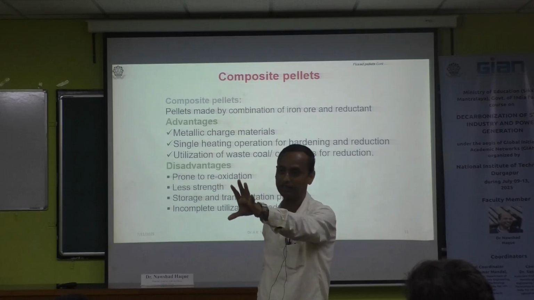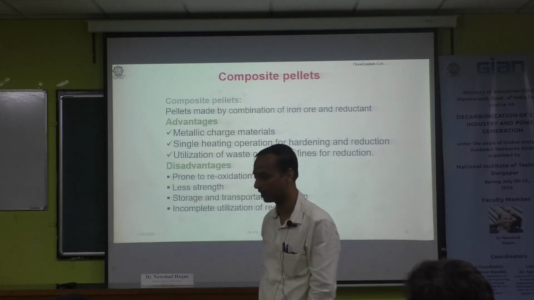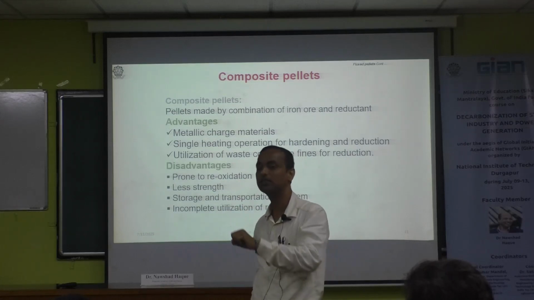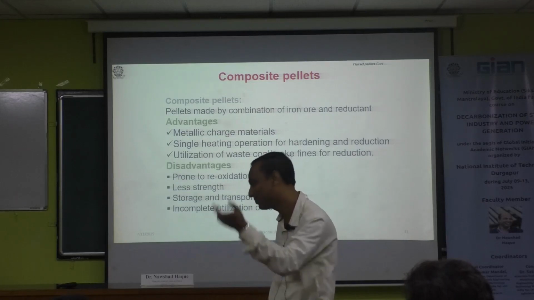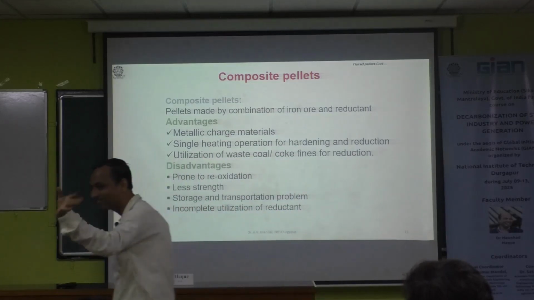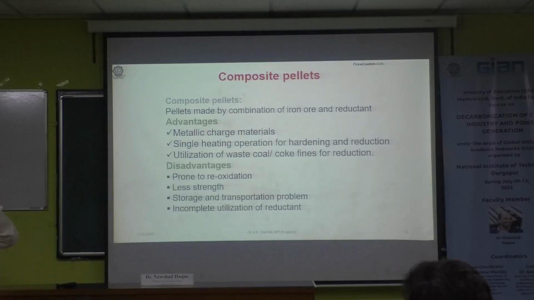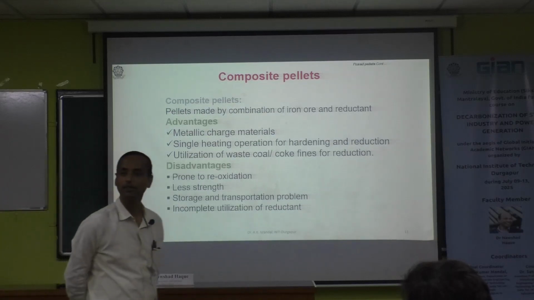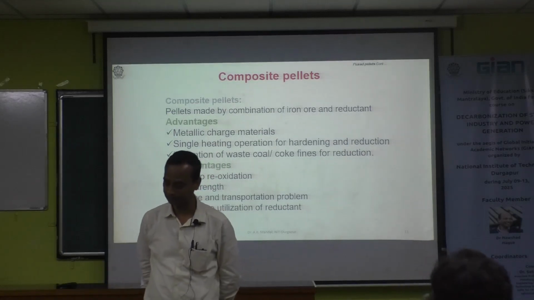The remaining 30-40% forms CO2 and comes out. You cannot avoid that. It means it always requires more carbonaceous material compared to its original requirement. Then you always require 30-40% more reductant.